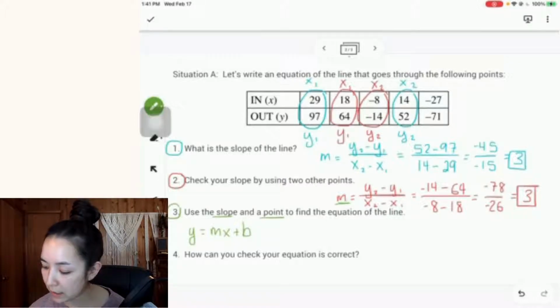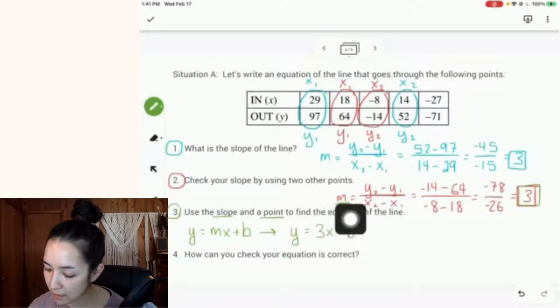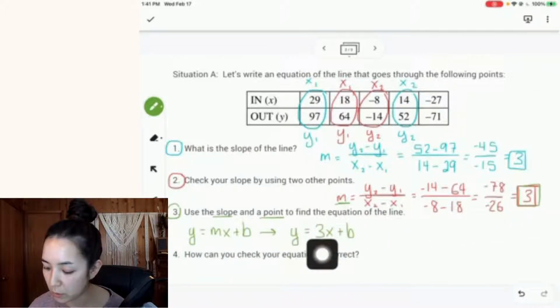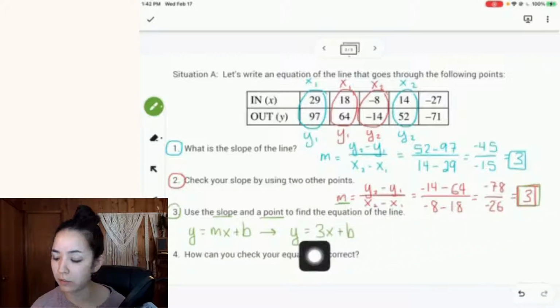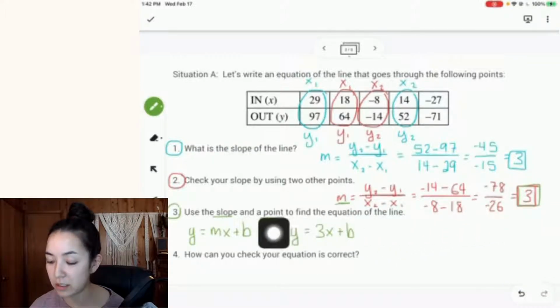We know already that our slope is 3, so we can plug those in and get y equals 3x plus b, because we can take our m, 3, and plug that in for m in our equation. So m is 3. We're just plugging 3 in for m. So that's given our slope. Then we need to pick a point to plug in.